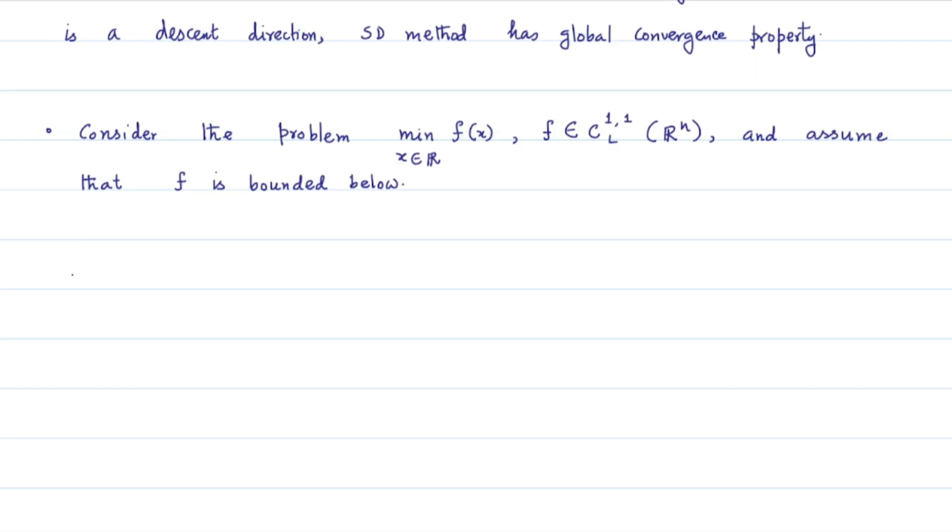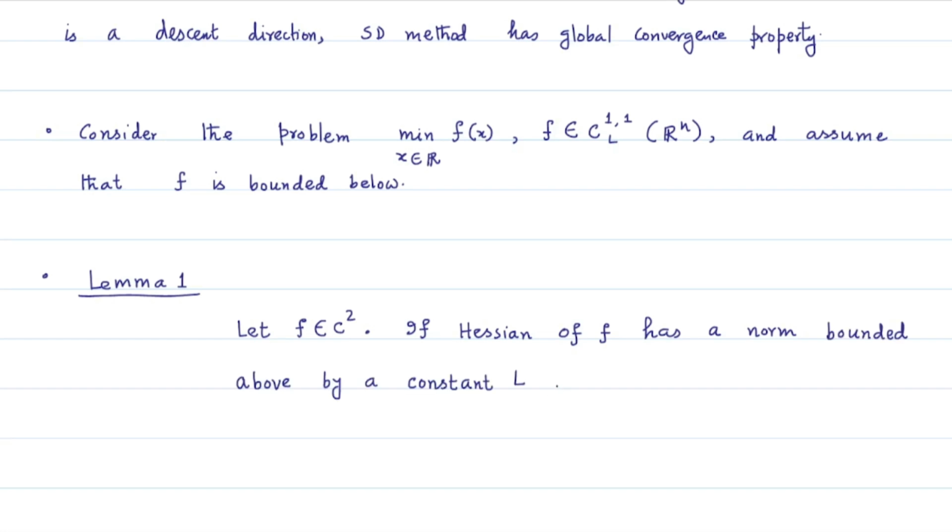The first lemma is a result from calculus for functions of several variables that states: let f be a twice continuously differentiable function and its Hessian has a norm that is bounded above by a constant, say capital L, and we consider this boundedness of the Hessian not in the entire n-dimensional Euclidean space, but in a restricted space, the convex hull of the initial level set L0.